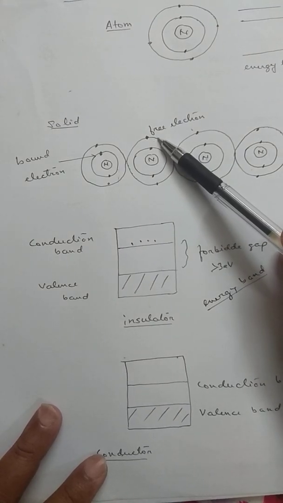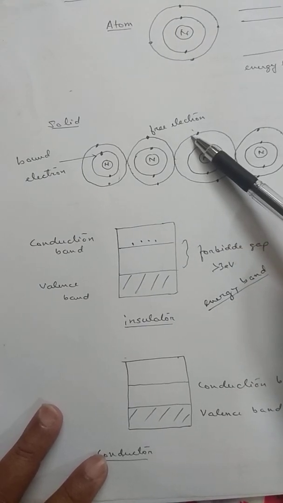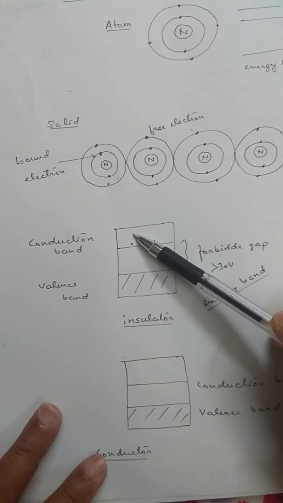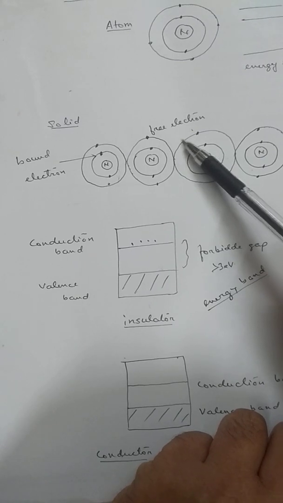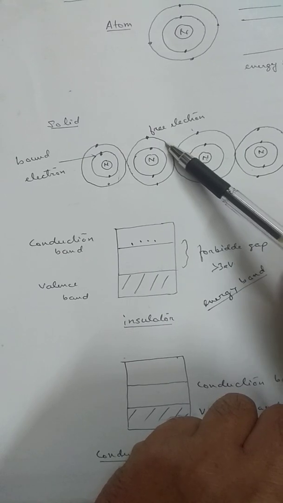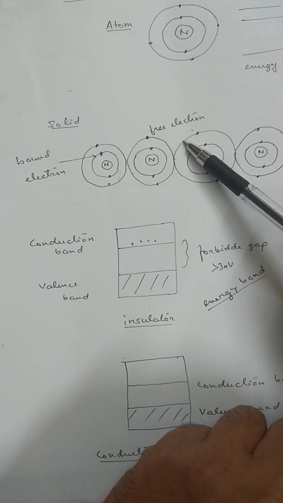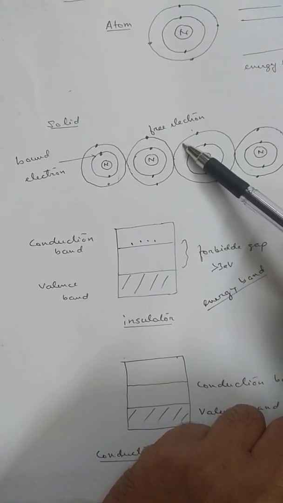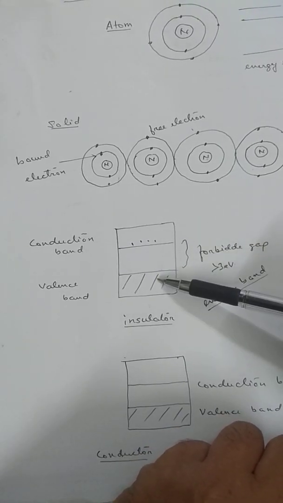That means in the overlap energy levels, electrons are absent. Therefore, the conduction band is completely empty and the valence band is completely filled up.